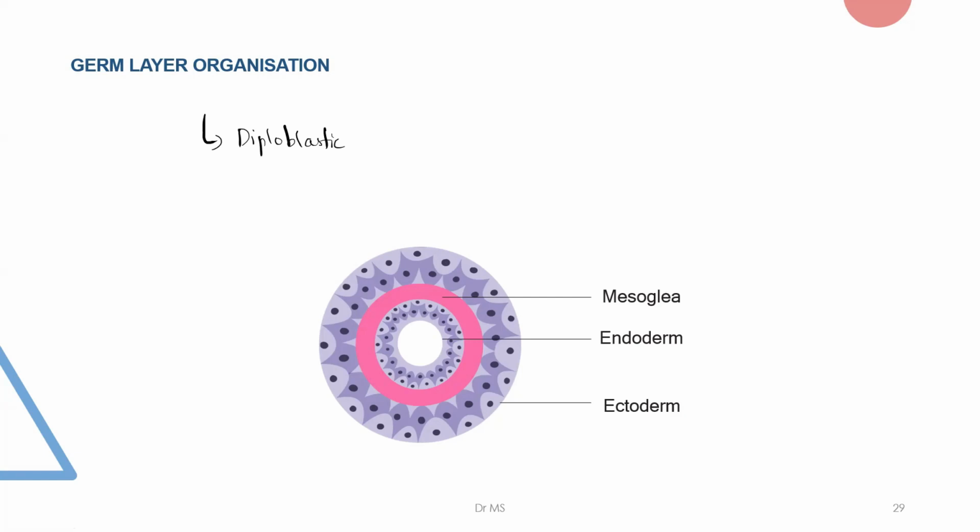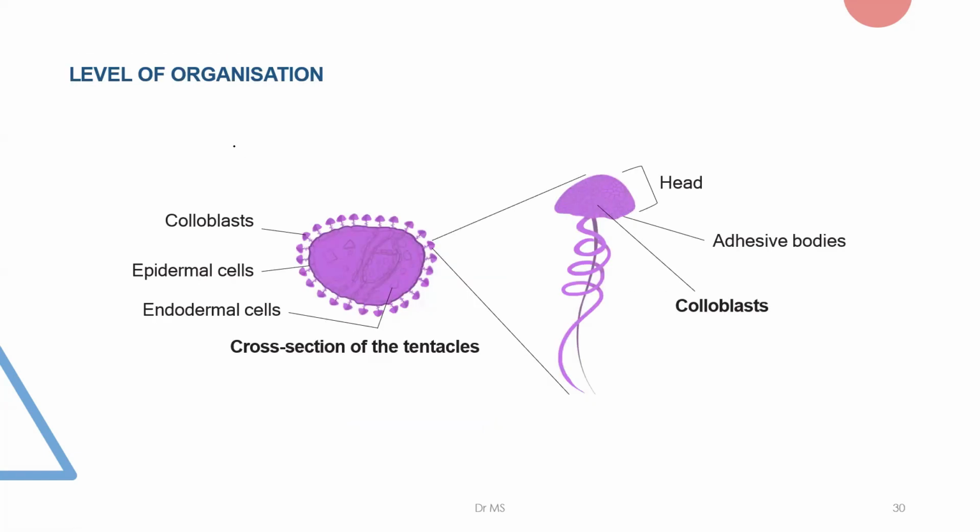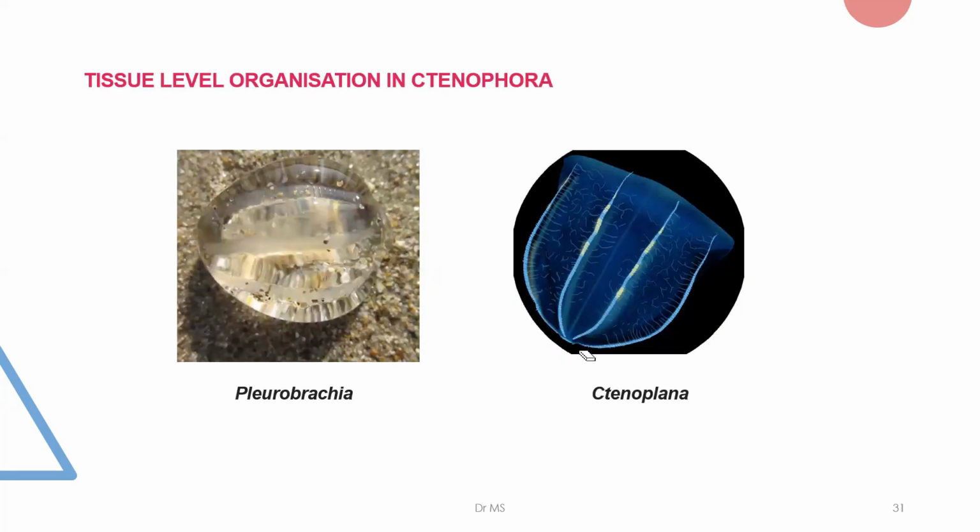And it's a tissue level. Organs are not formed, so tissue level of organization. Next, examples you can see here: Pleurobrachia, Ctenoplana. These are all tissue level of organization.